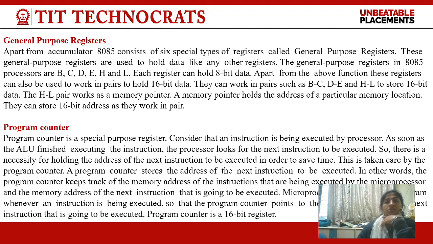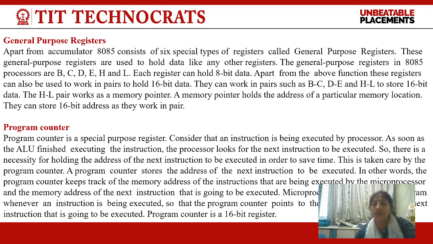Now there are six general purpose registers: B, C, D, E, H, L. They can be used together when you require to fetch an address of 16 bits or data of 16 bits. You can use them as combined pairs BC, DE, HL, or you can use them separately for 8-bit data processing.